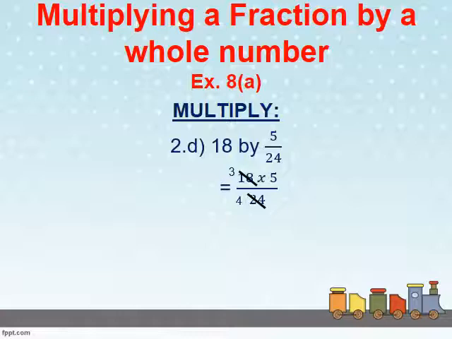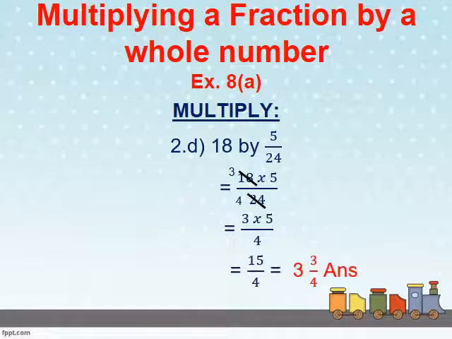So now we will write the fraction as 3 multiplied by 5 in the numerator upon 4, which in turn is equal to 15 by 4, and 15 by 4 is an improper fraction, so we will change it into mixed fraction, which is equal to 3 3 by 4, and this is our final answer.